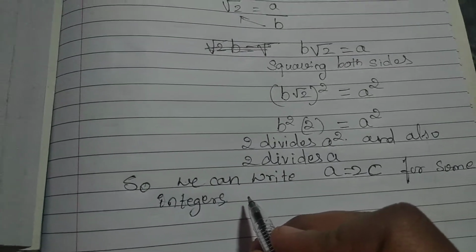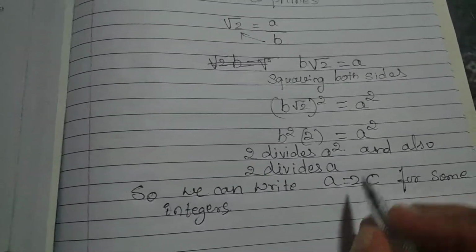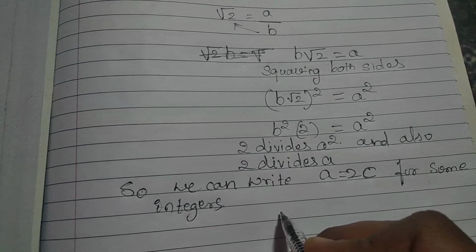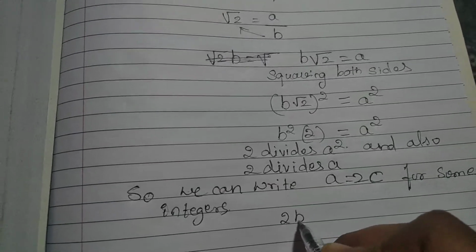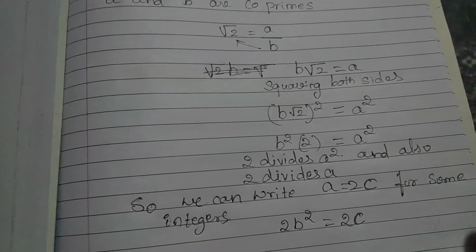Okay, substituting for a, we get 2b square is equal to a square. For this you are substituting 2c.